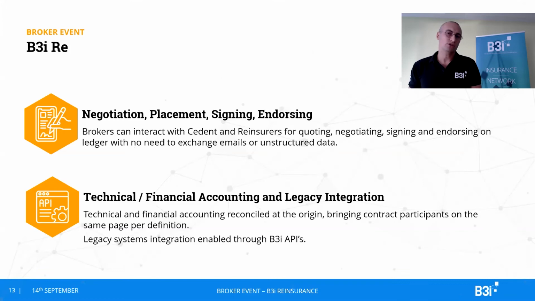What are the implications for you brokers as well? What if we make this process reconcile at the origin? What if we allow the technical accounting to be generated in the same way for every single participant of a treaty? That's exactly the purpose of the technical accounting engine that we developed.